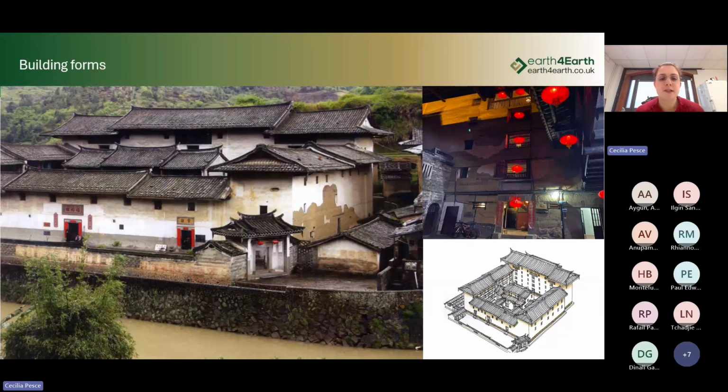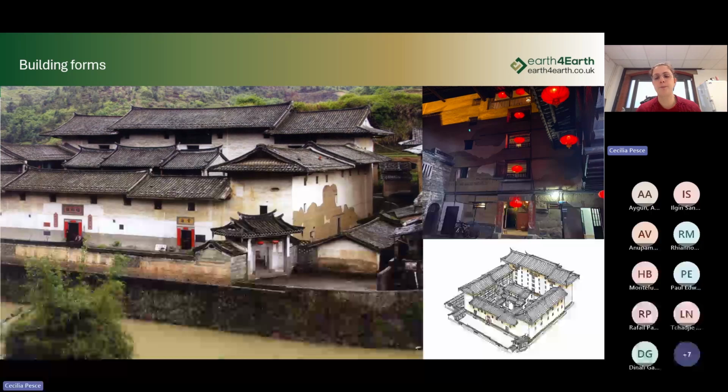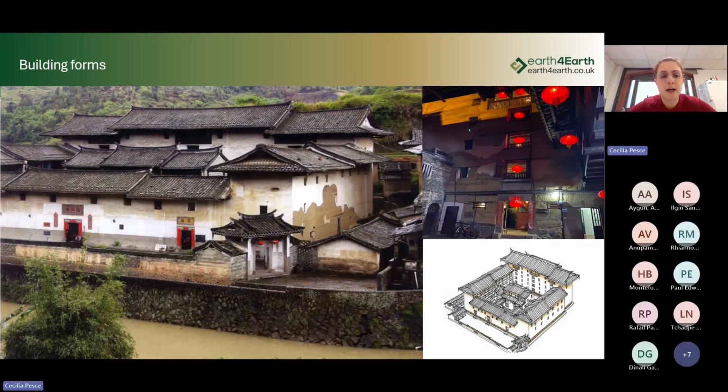So this is the most ancient type of Tulou. We will see other types in the next slides, but this is the square plan type, and it's the oldest, but it has some weak points. For example, having corners in the structure that would provide a point of weakness.